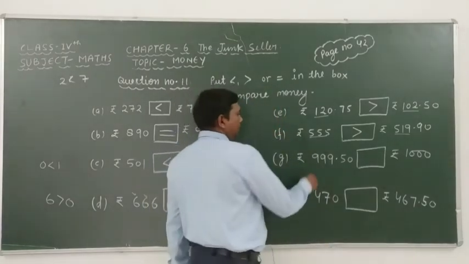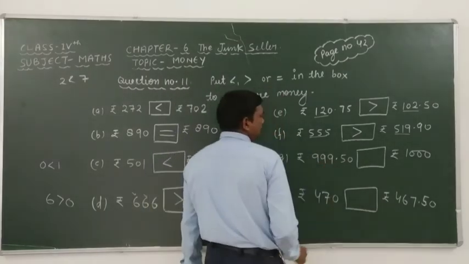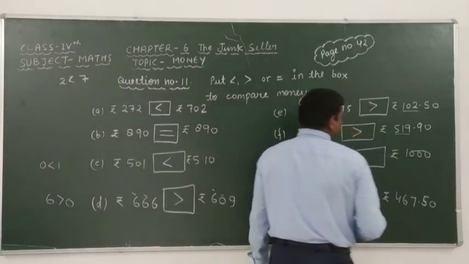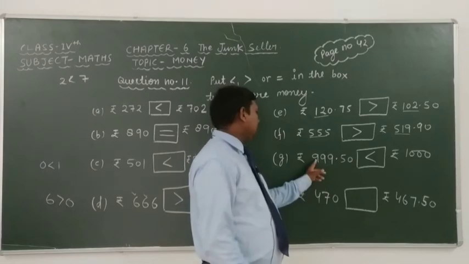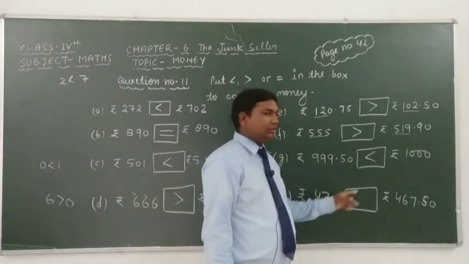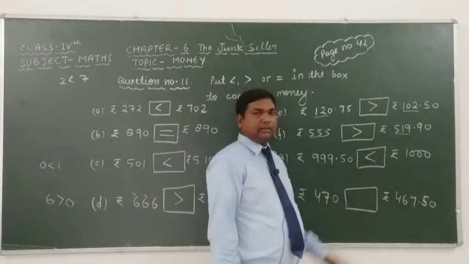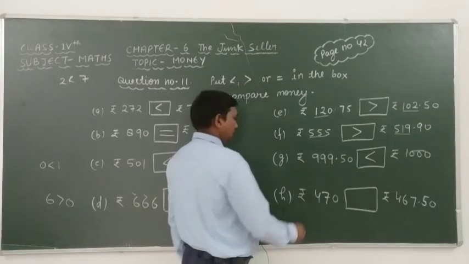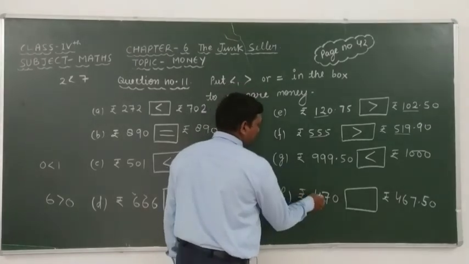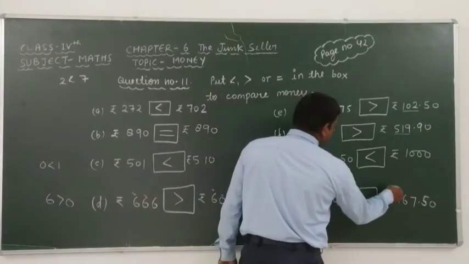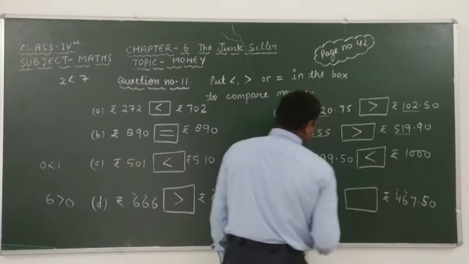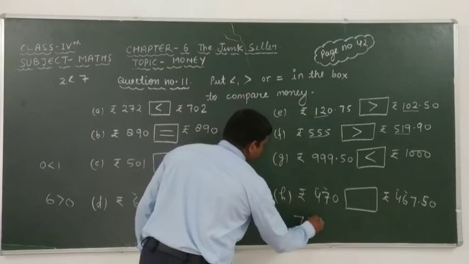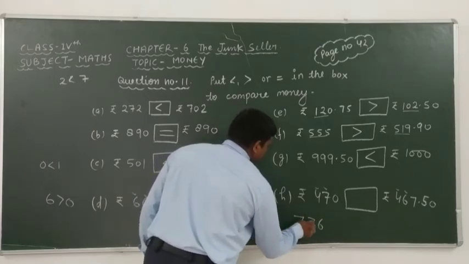Okay. Here given that 999 and here given that 1000. We know that 1000 is greater than 999.50. Therefore, we can take the less than mark. Here given that 4 and here 4 are same. Look, here given that 7 and here given that 6. We know that 7 is greater than 6.